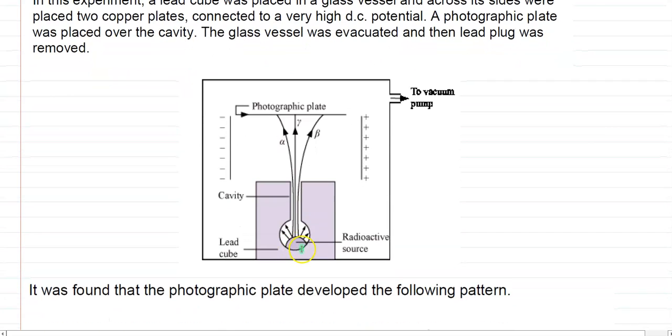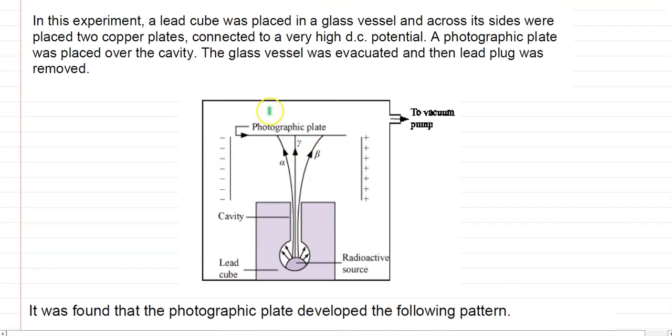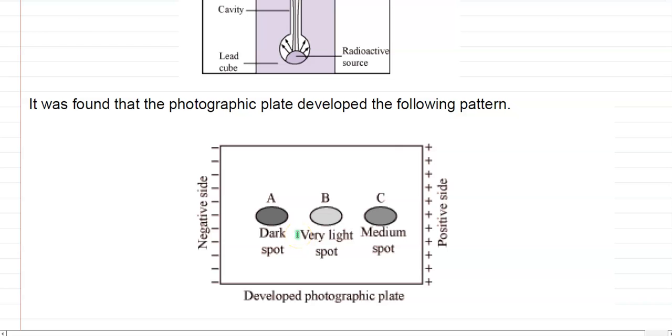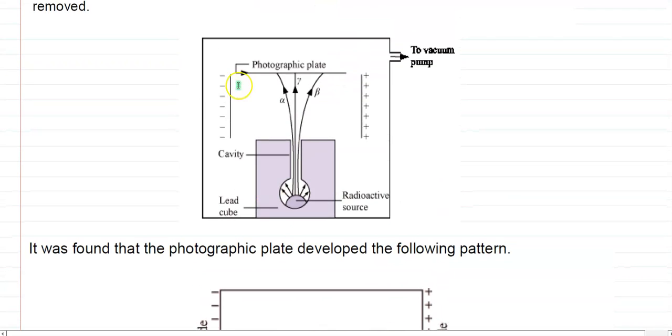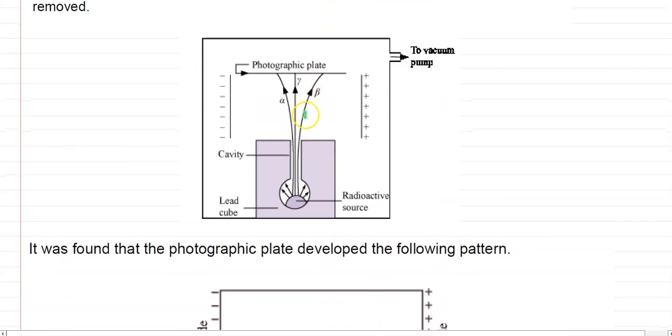Uranium emits some particles and an electric field is applied, so the positive plate attracts negatively charged particles and the negative plate attracts positively charged ones. A photographic plate is kept here. Experimentally, A is a very dark spot, C is a medium spot, and B is a very light spot.